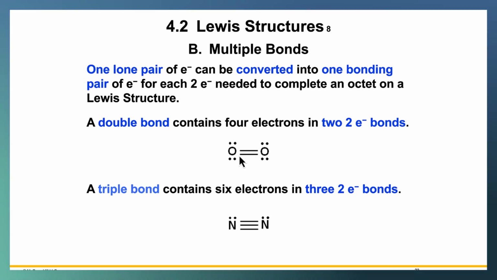By making the bonds, now this oxygen sees 2, 4, 6, 8, and this one sees 2, 4, 6, 8. You can see that if we didn't have a bond, each of those oxygens would only see 7, which is super unstable, and so what they do instead is form that double bond.